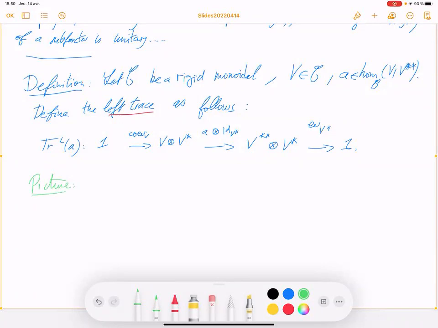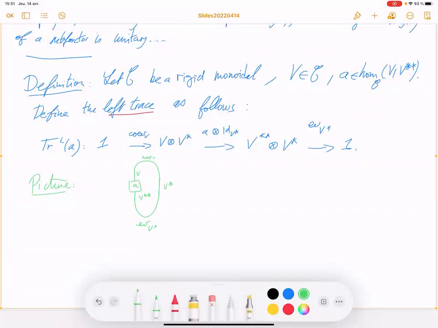So you have a morphism A between V and V double star. So you make the picture like that. You apply the evaluation, coev here, coev, and here you have ev of V star. And here you have V star.